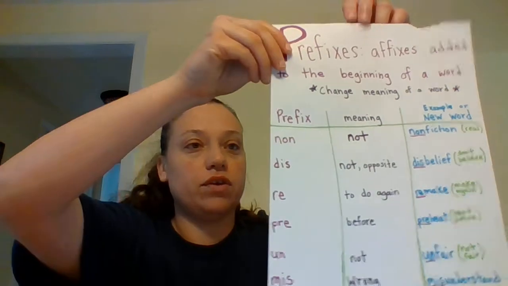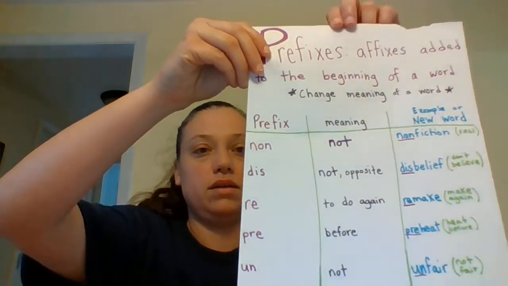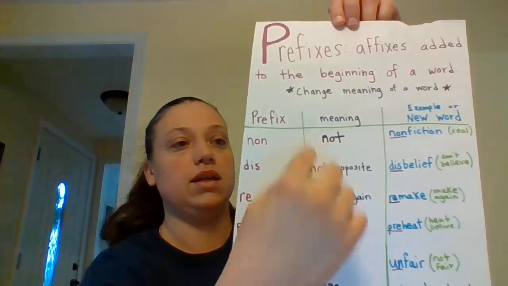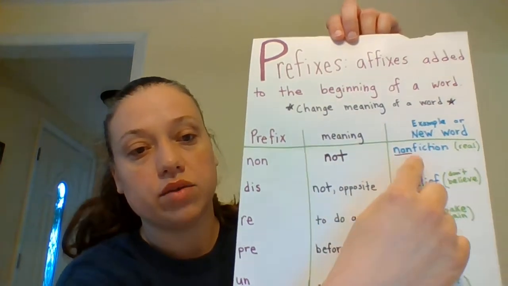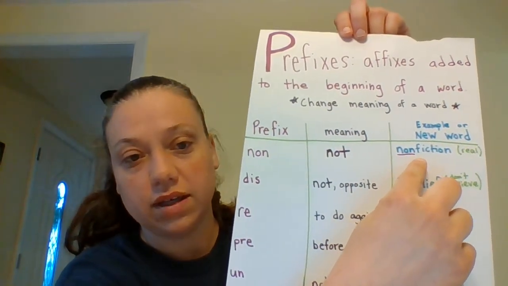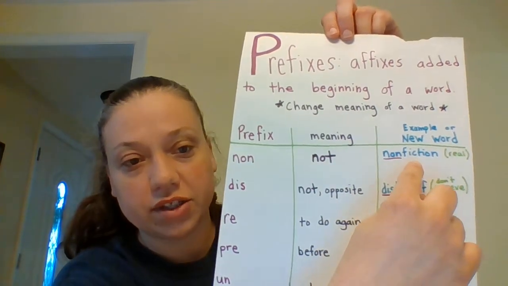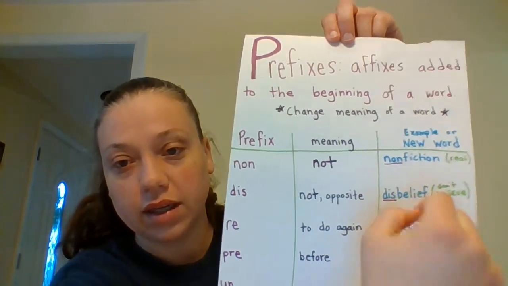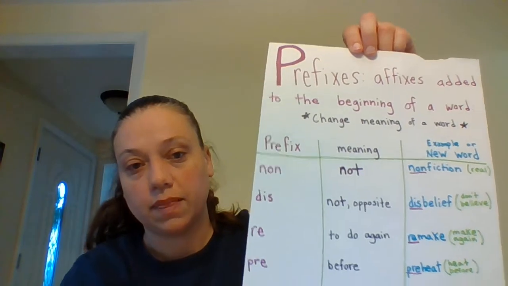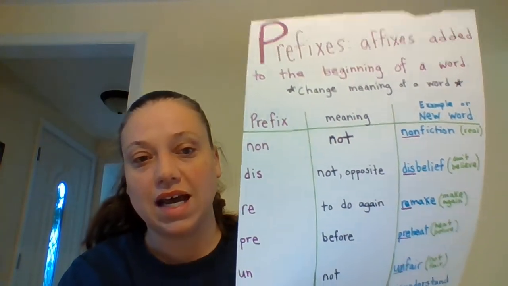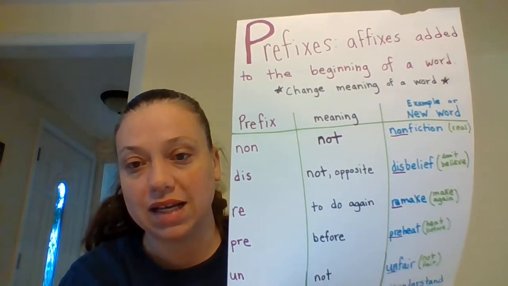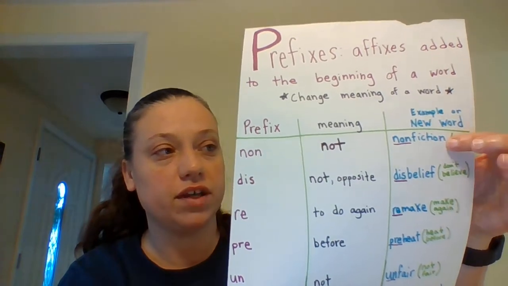So if we look at the first one, we have non. Non means not. I took a word that we use often in ELA, and it's nonfiction. So not fiction would mean real. In ELA, we call it informational. We see how non, which means not, changed the meaning of fiction.